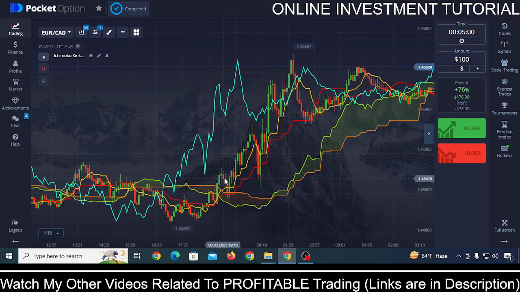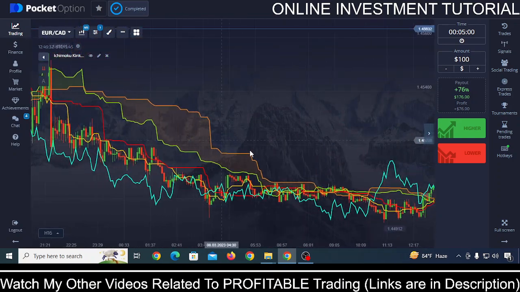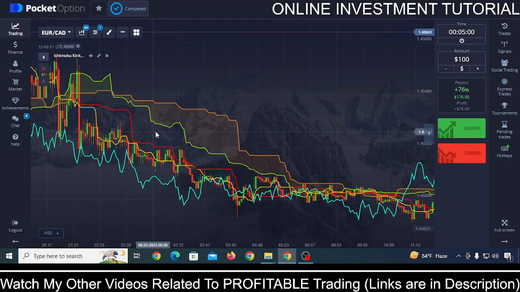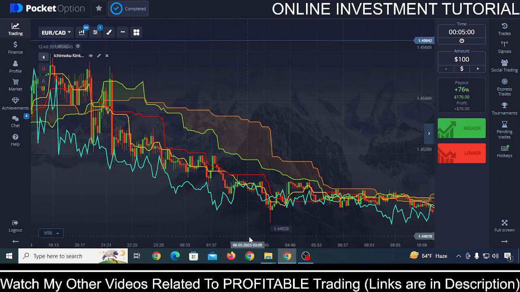Now you need to understand, whenever there is an uptrend, the yellow line is going to be above the red line, but whenever it is in a downtrend, then the red line is going to be above the yellow line. So you need to find the entry point according to that.